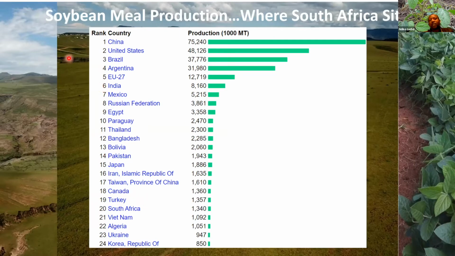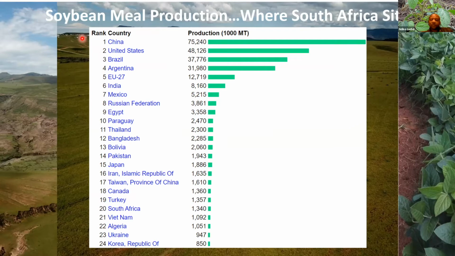And if one looks at soybean meal production, this is the primary or secondary product of soybean, because the grain is the primary product, which then gets processed through crushing to produce soybean meal, and that's the main agro processing product used for animal feed in various countries.